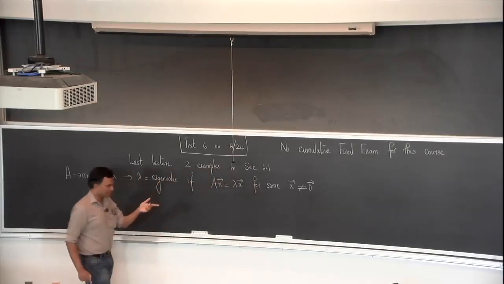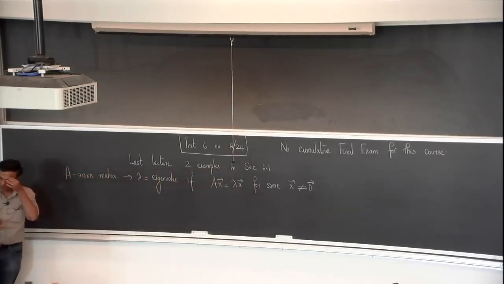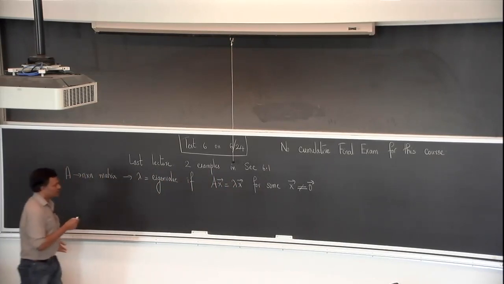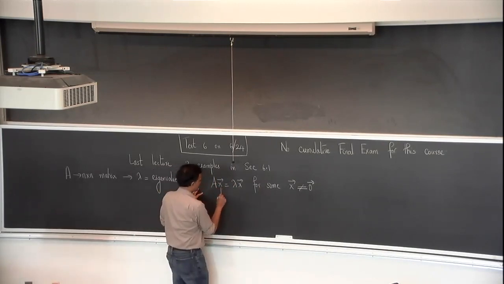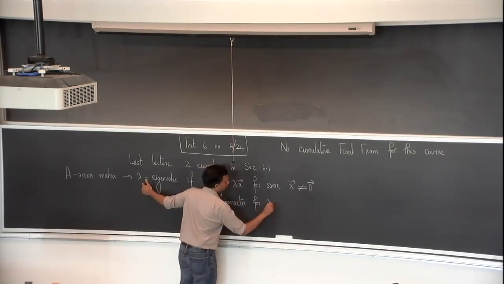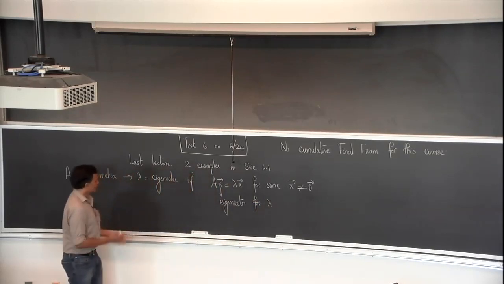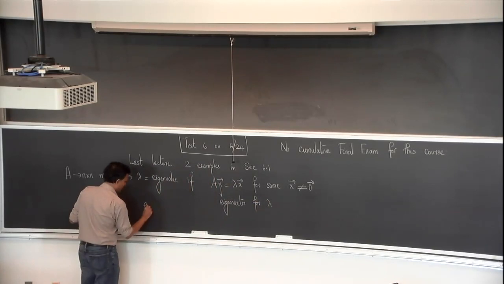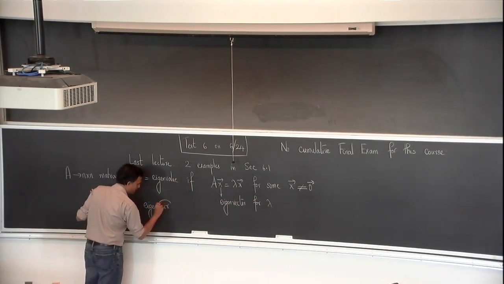That part is important because if x equals 0, the equation is obviously true, and it's of no particular advantage to us. This non-zero vector is what you call the eigenvector for the corresponding eigenvalue lambda. So usually it comes in a pair. If you see the word eigenpair, that usually means there is an eigenvalue and corresponding eigenvector.